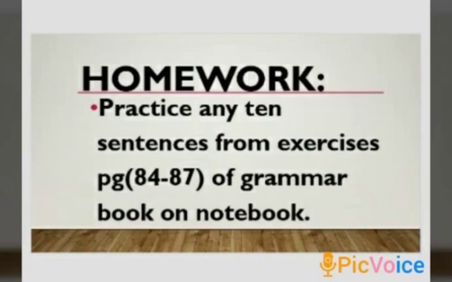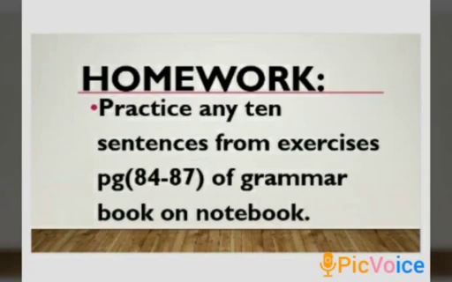If the subject is singular, he, she, it, we use has been. And if the subject is I, we, they, you or any plural, then we use have been. So have been or has been is used here in present perfect continuous tense plus first form of verb and ing.